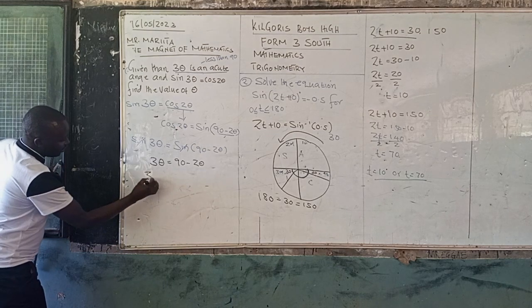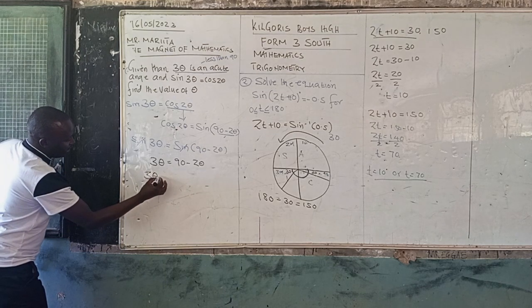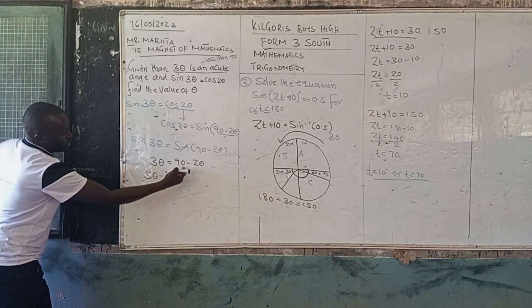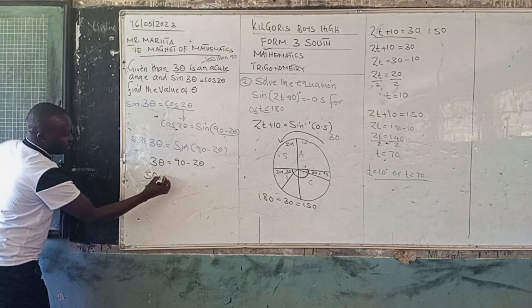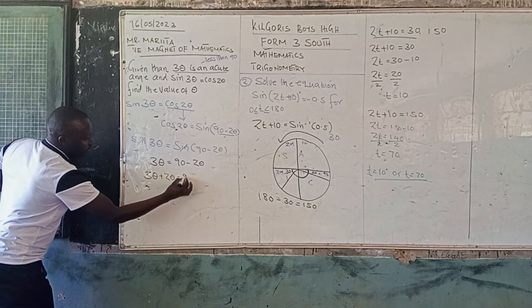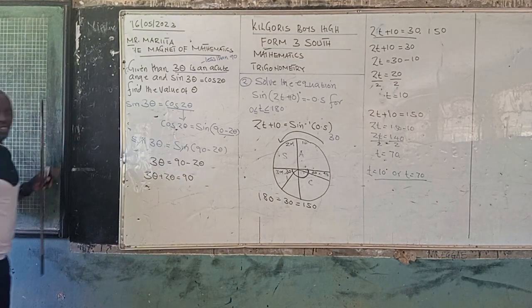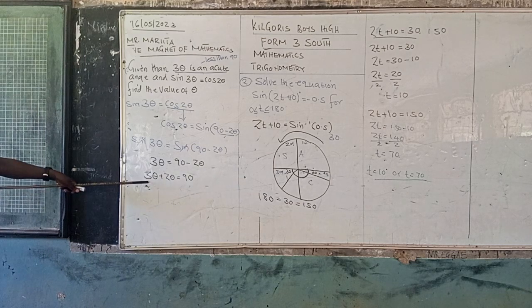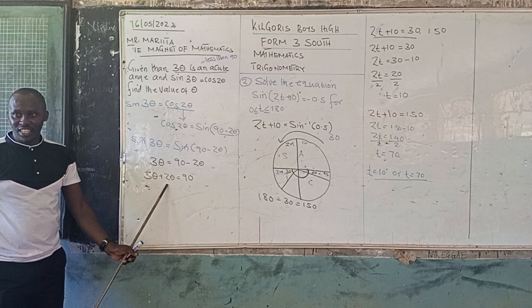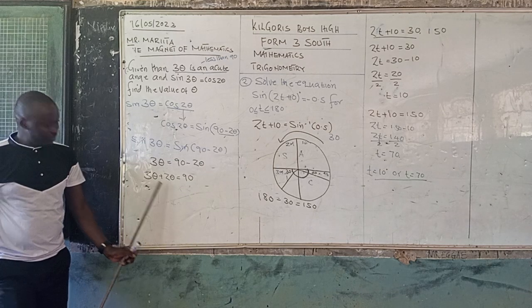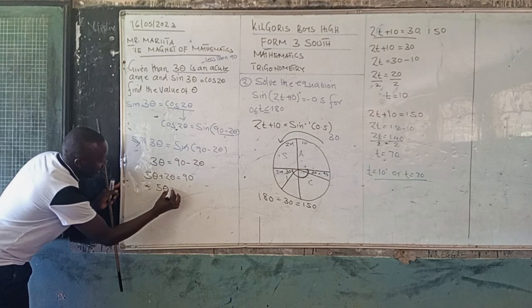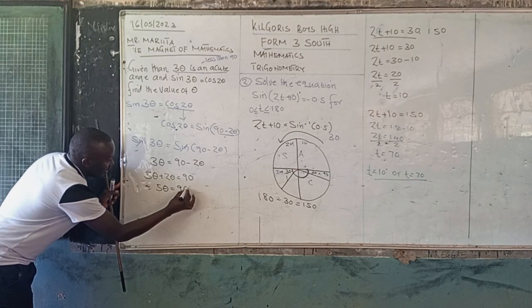So you have 3 theta, and when this crosses the equal sign, it is negative, so it will change to a positive: 3 theta plus 2 theta equals 90. So 3 theta plus 2 theta, what is the answer? 5 theta equals 90.